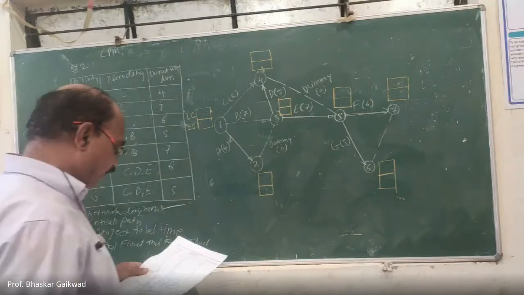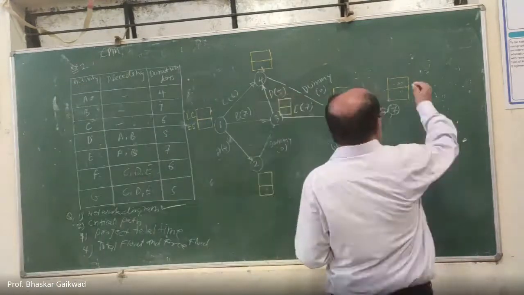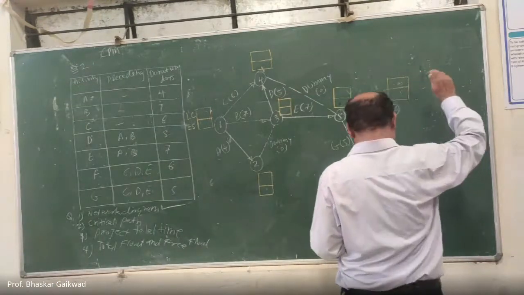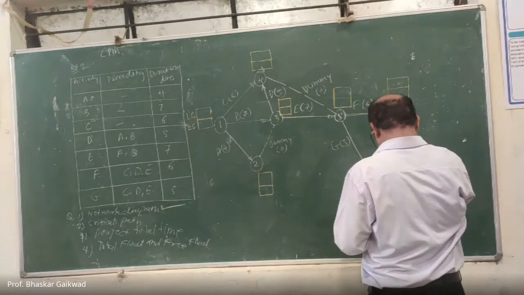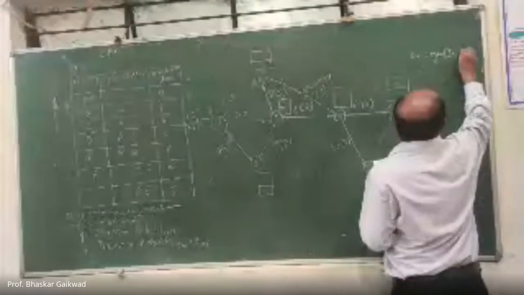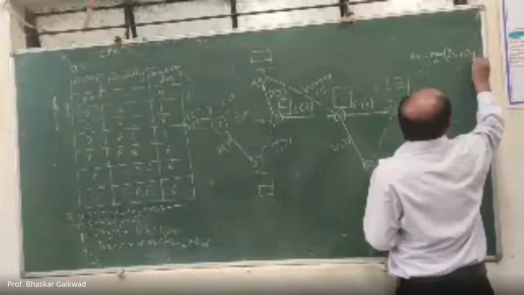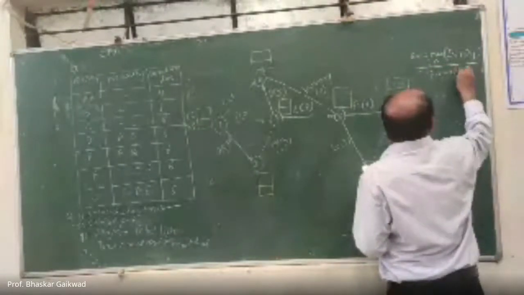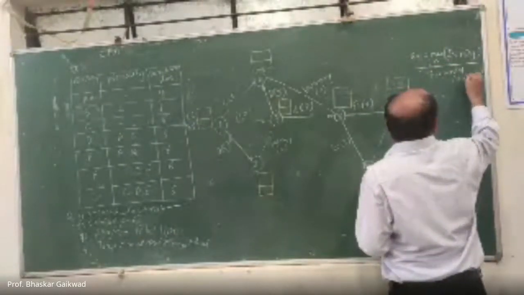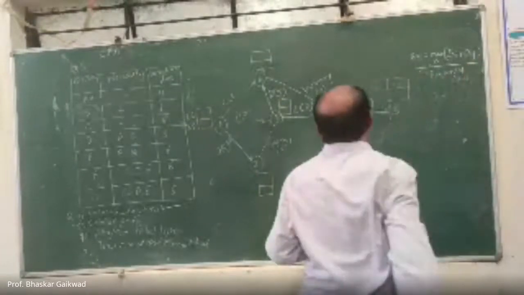First we have to remember the forward pass: ES of Z equals max of ES of I plus D of Z. This is for the forward pass. So maximum and plus you have to go.